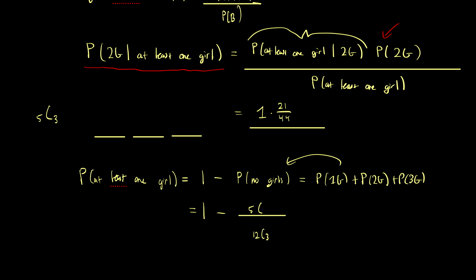So you get this, and then if you evaluate this, this becomes 21 over 22. So that's exactly the value we're going to be inputting here, and this is going to be 21 over 44 divided by 21 over 22, and the probability is going to be equal to 1/2.